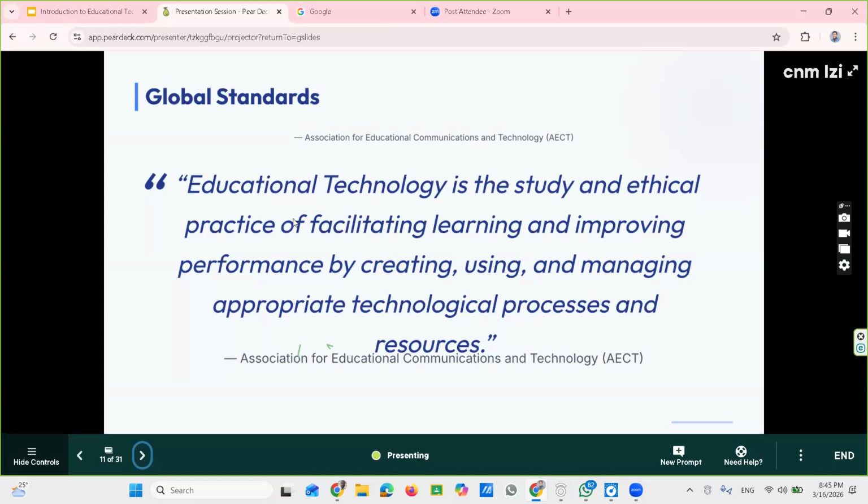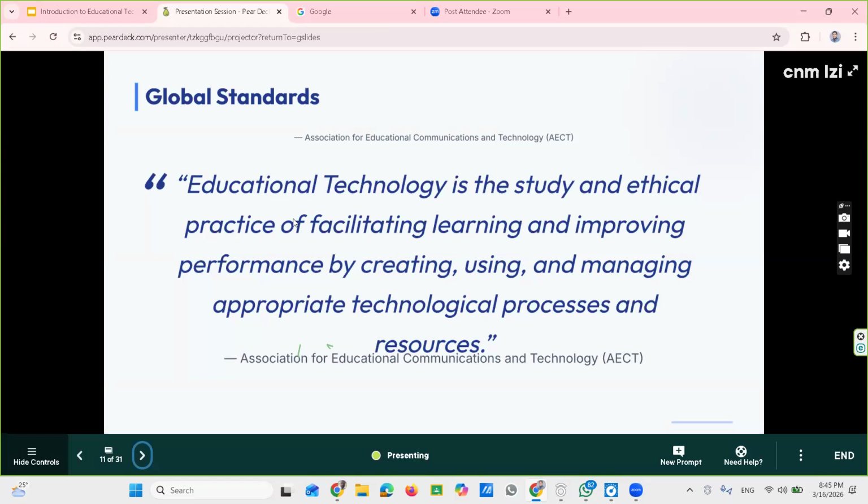This definition is given by the Association for Educational Communications and Technology, AECT. Look at the definition: educational technology is the study and ethical practice of facilitating learning and improving performance by creating, using, and managing appropriate technological processes and resources. Right?